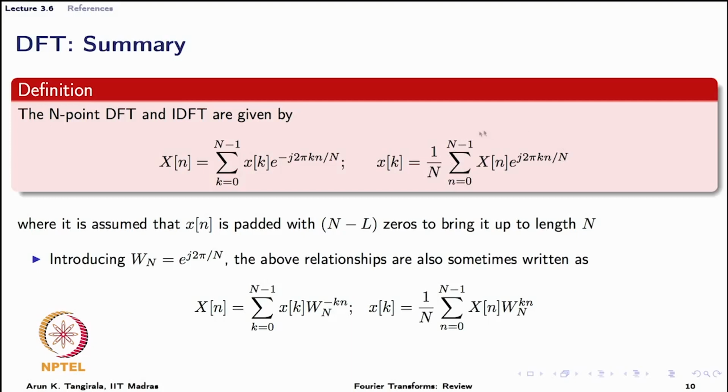So, the inverse Fourier transform may typically only give you this summation, omitting this 1 over n factor. You should manually accommodate that.